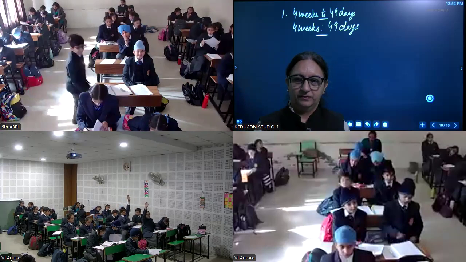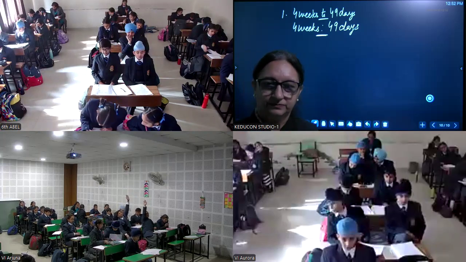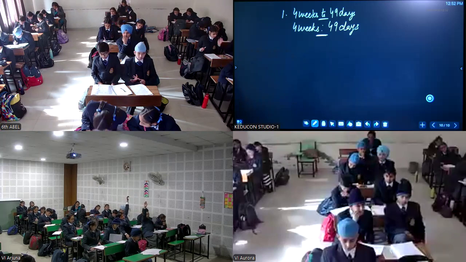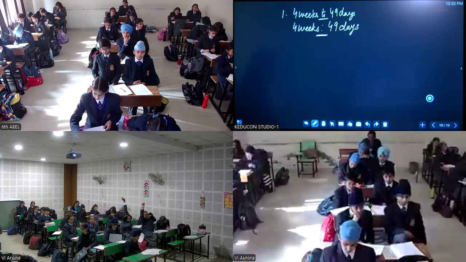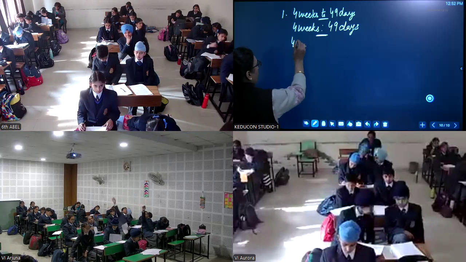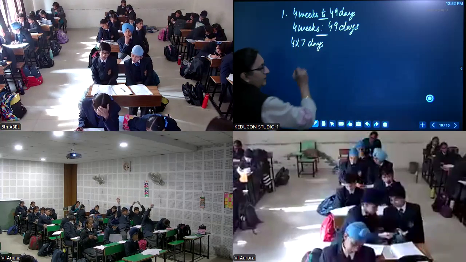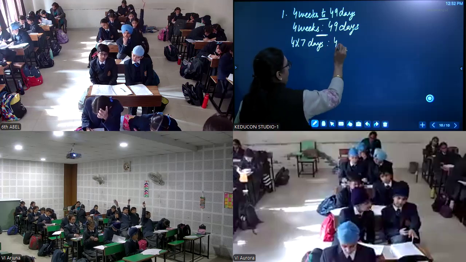One week. Ma'am, 1 week is equal to 7 days. 7 multiplied by 4. Yes, we will be changing weeks into days. You will be writing as 4 into 7. It will be converted into days. And then it is 49 days.